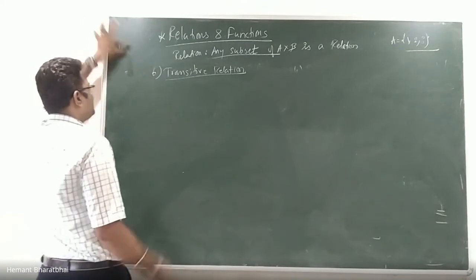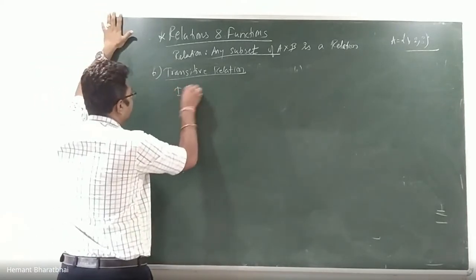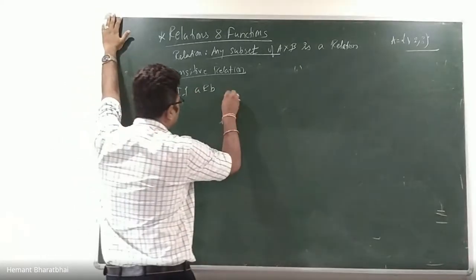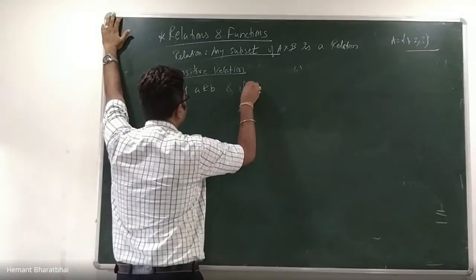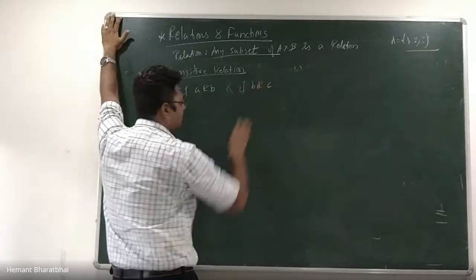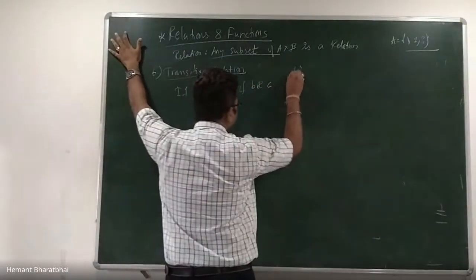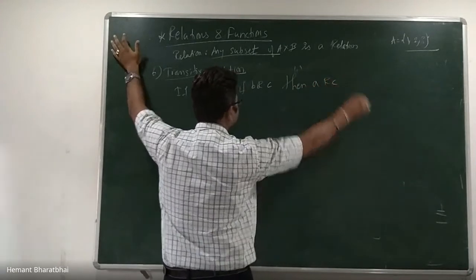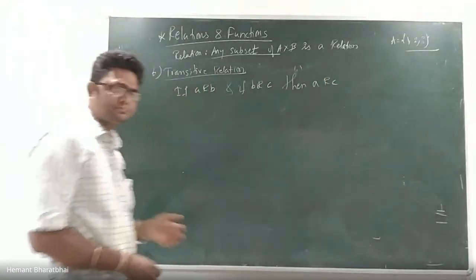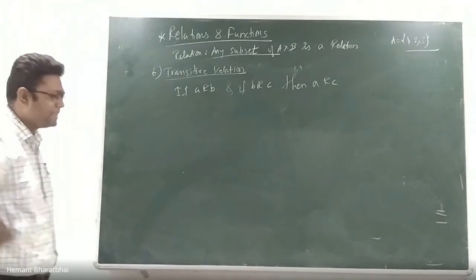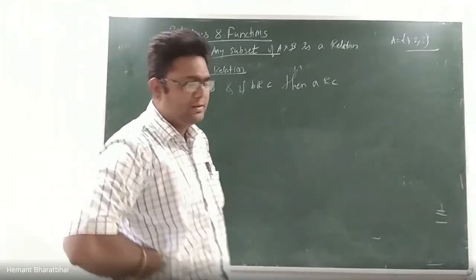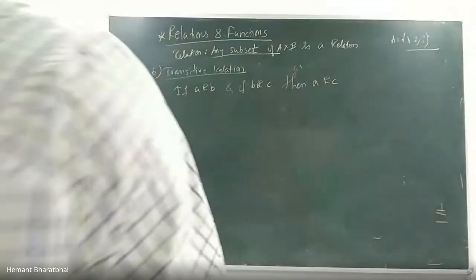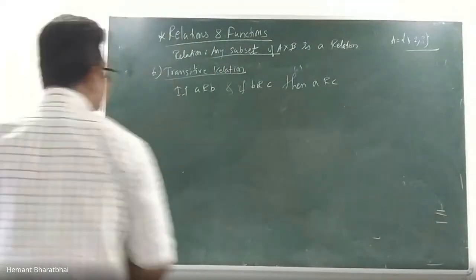Try to understand. If A is related to B and if B is related to C, then A is related to C. Okay, it's simple, but the depth of these words is very important.